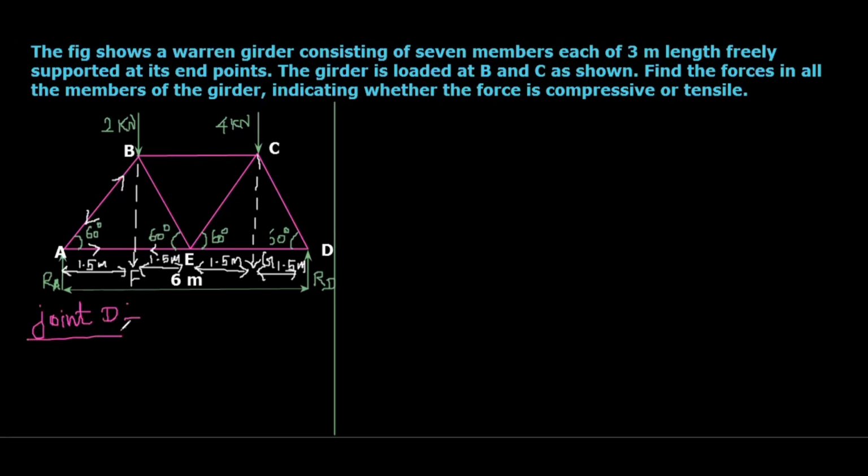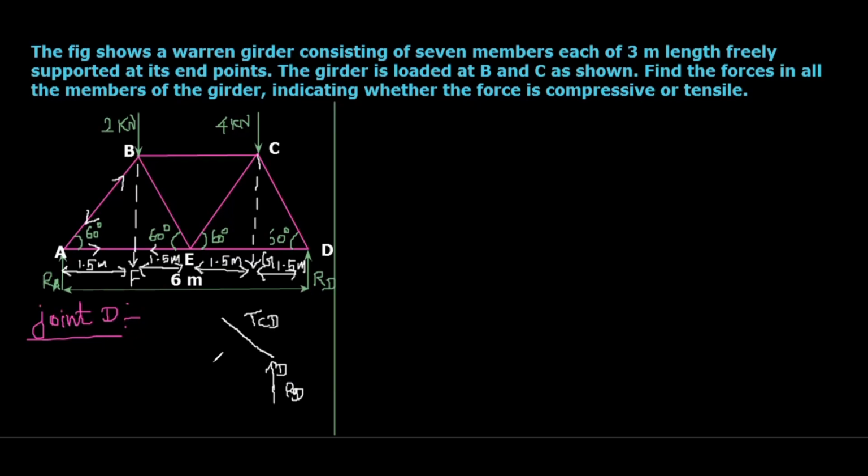Okay, so here the joint D, there are 3 forces acting. I just draw the free body diagram of the joint D. From the joint D, an upward force, that is the reaction force, RD is acting. This inclined force, that is force in the member, tension in CD, that is acting.